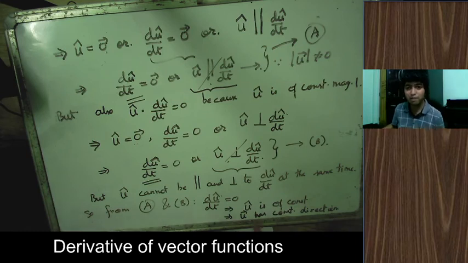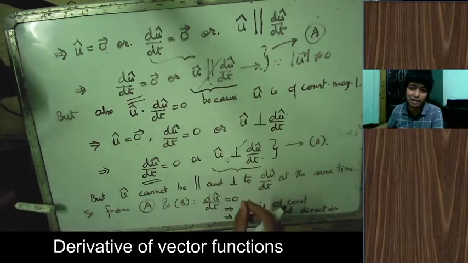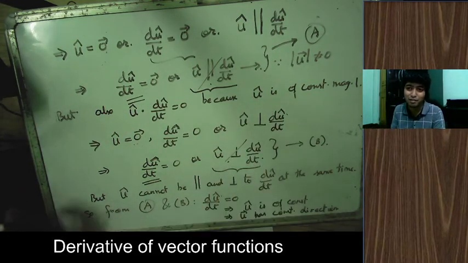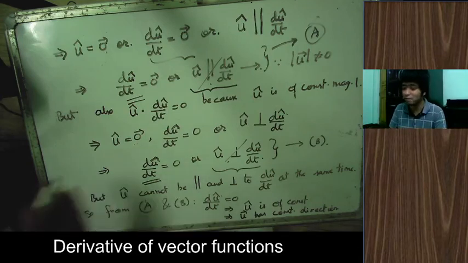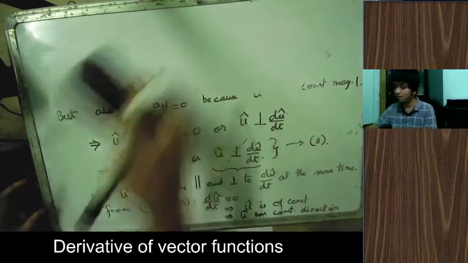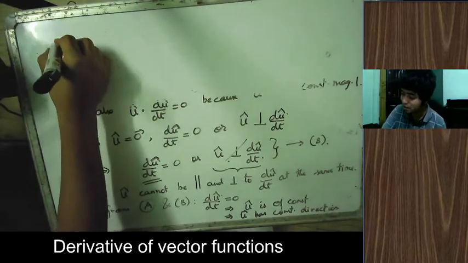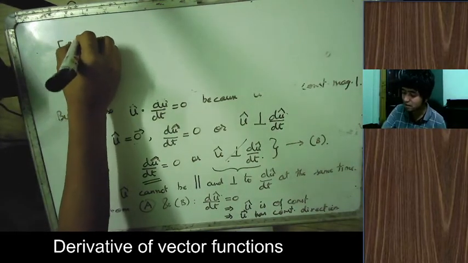But this we did provided magnitude U is unequal to 0. What happens if magnitude is equal to 0? This is also part of the theorem, and you can write it in a square box.